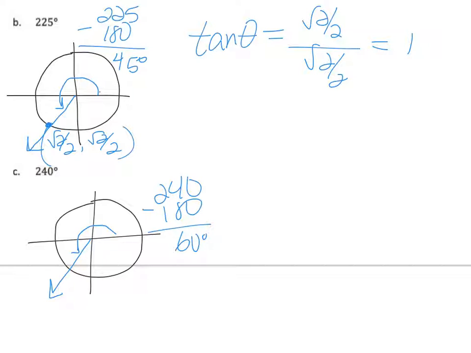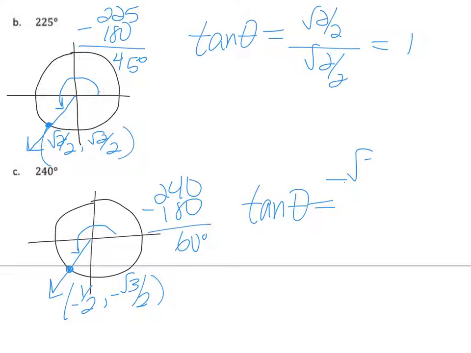So let's see, this point is going to be negative 1/2 as our x value, and negative square root 3 over 2. So tan theta is going to be equal to y over x. So square root of 3.